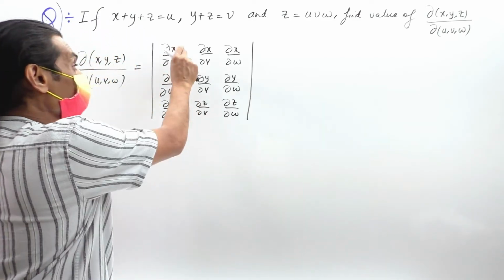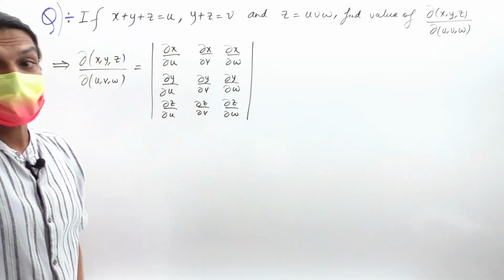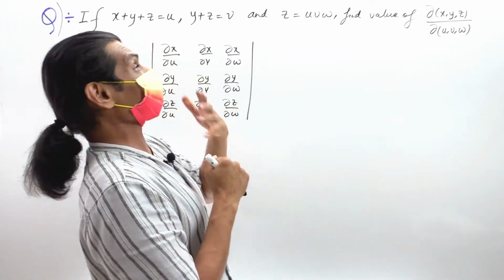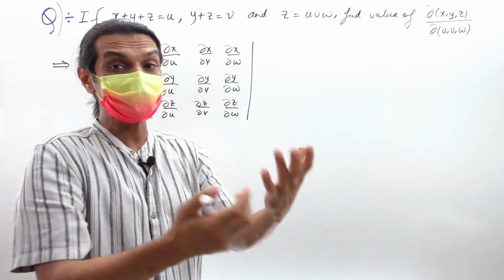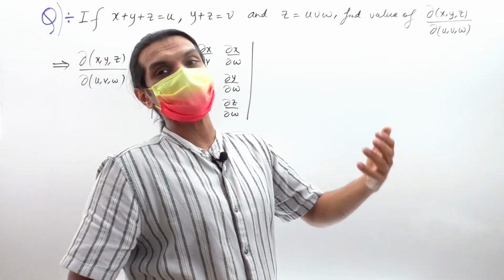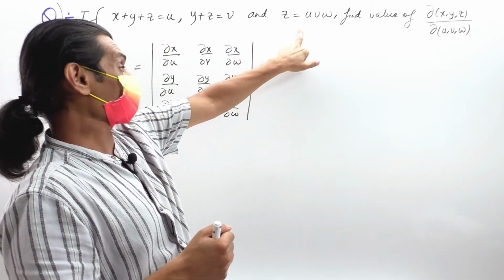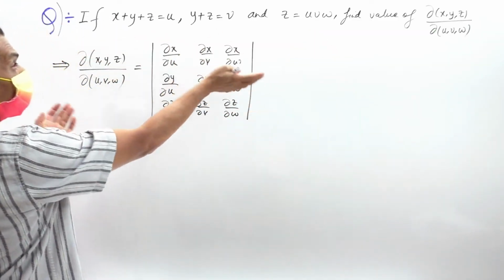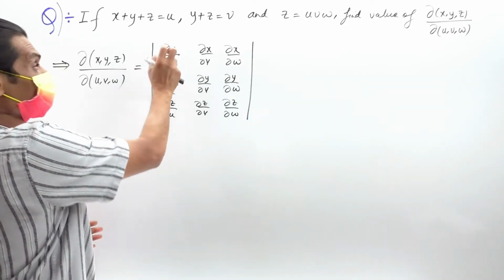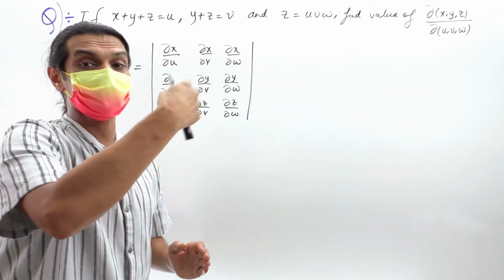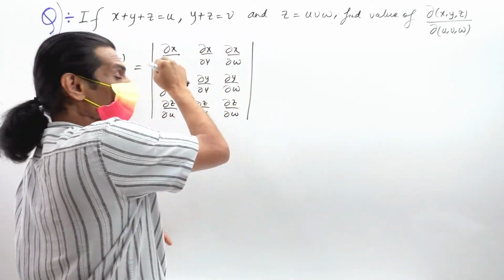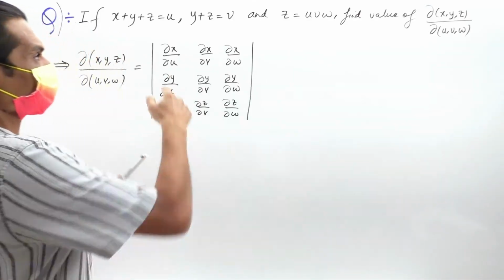It means to solve these partial derivatives, I need x as a function of u, v, w, y as a function of u, v, w, and z as a function of u, v, w. Z is already there, no issue, but we need to play with these three equations to find a solution such that I get x, y and z in terms of u, v, w to get these partial derivatives. Getting it? So, I write here one more time.